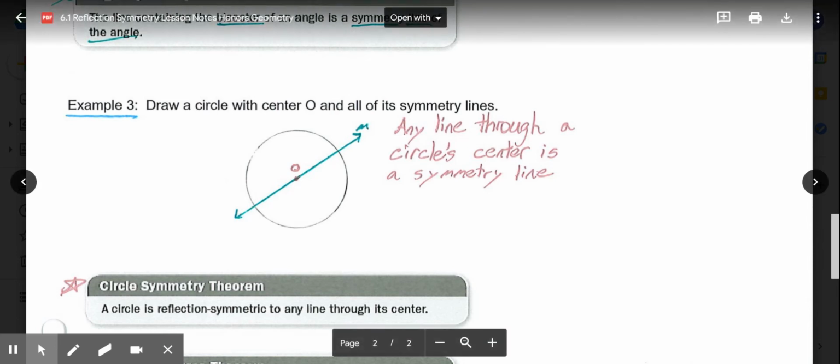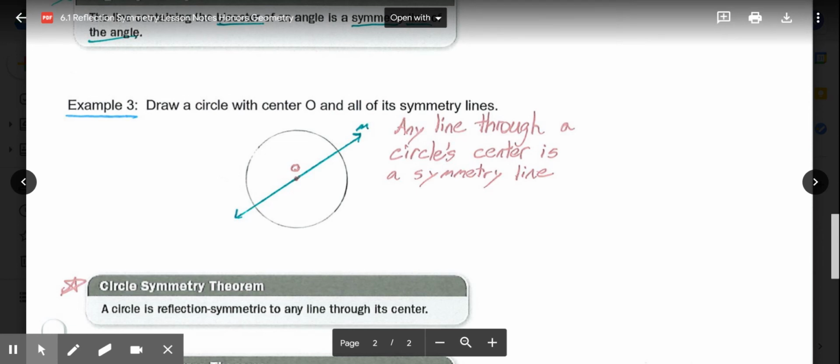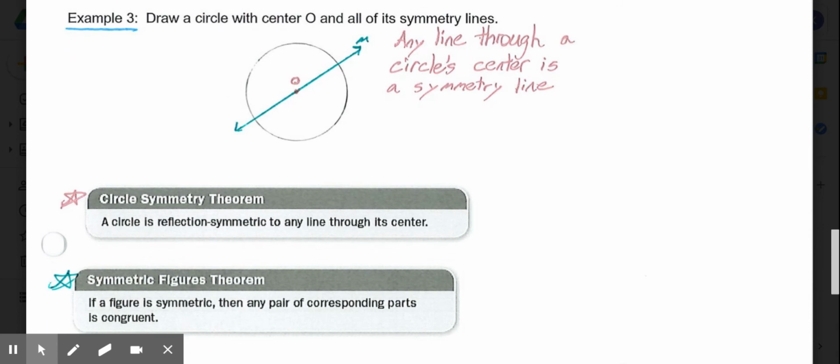So as long as it passes through our center point, it is a symmetry line for that circle. I could draw this line an infinite amount of times going through the center point at different angles. So the circle symmetry theorem says the circle is reflection symmetric to any line through its center.